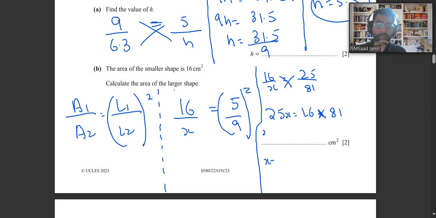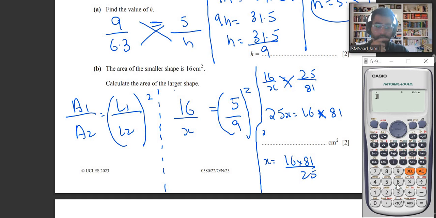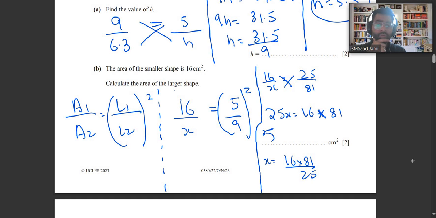X, let me write it over here. X is equal to 16 multiplied by 81 divided by 25. So 16 multiplied by 81 divided by 25, you get 51.84, and that is correct.